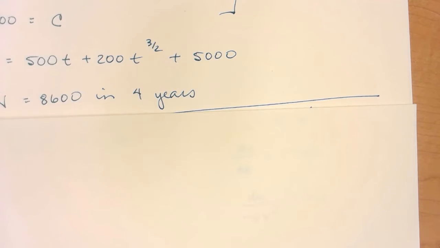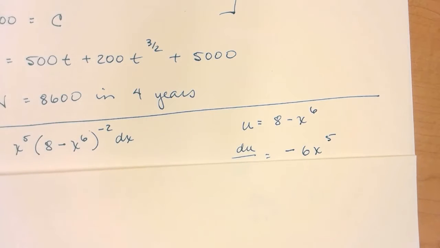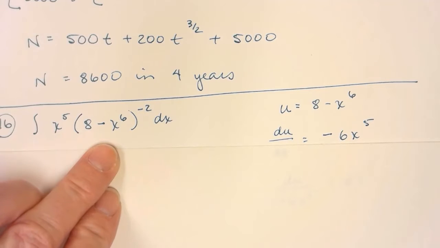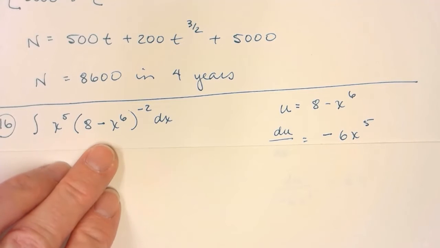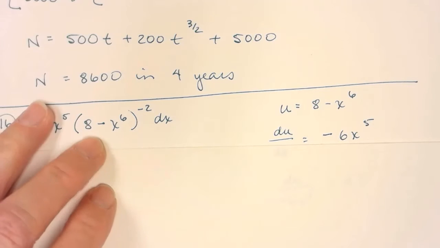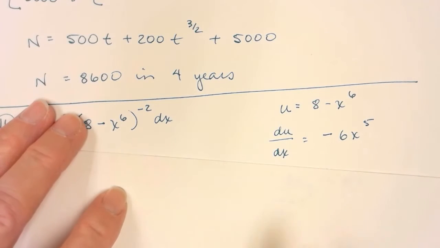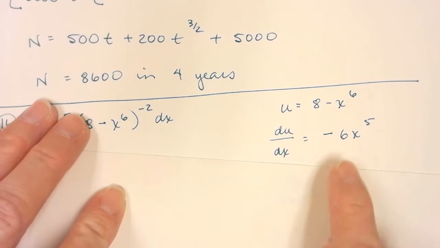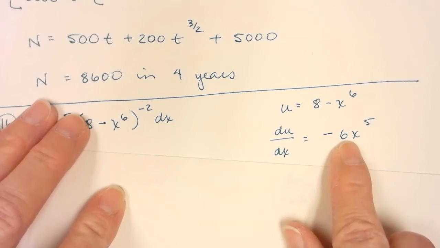See, the next one you had a question about was 16. Anytime you have a parentheses raised to a power, I do the substitution rule. So I'm going to let u equal this stuff in here, and then I'm going to go find my du over dx, get the derivative of this with respect to x, which came out to be that.